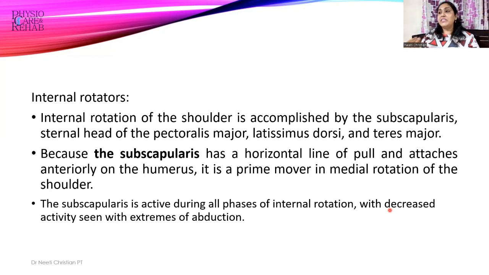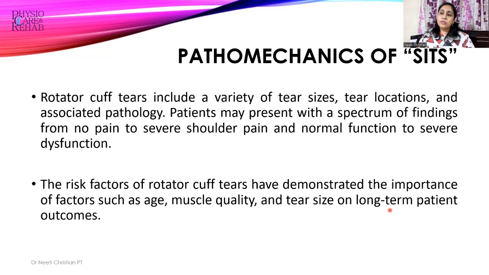The muscle is active throughout any phase of internal rotation, but the force of contraction reduces with extreme abduction with internal rotation. So this was the basic biomechanics of rotator cuff muscles.